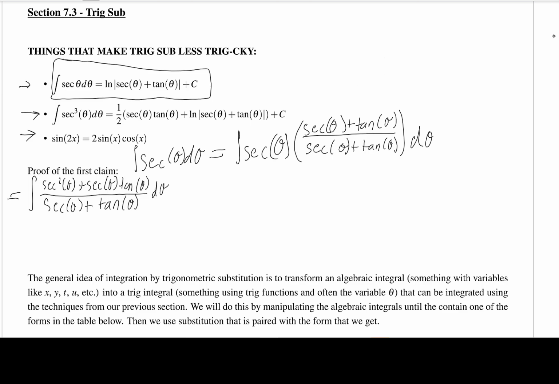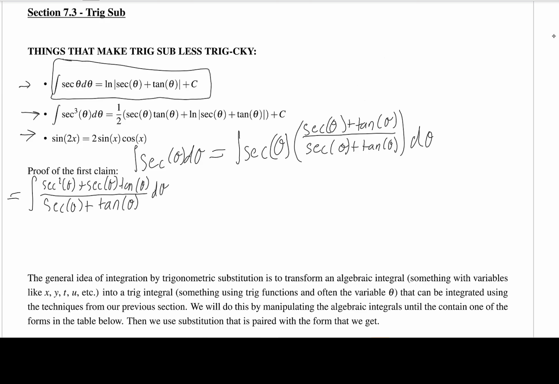Okay, and now it kind of looks like I've made this more difficult than what we started out with. But here's the beauty of Trig Sub: if we use the correct identities and the correct substitution, then this should get easier.